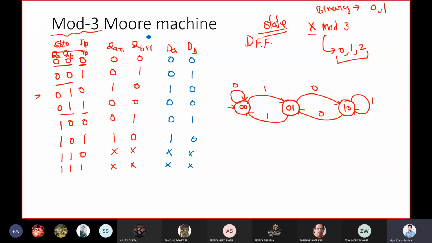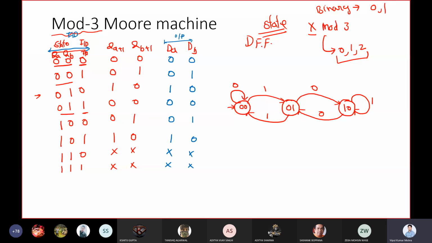Now I have this entire state table, the complete state table. Can we find the equations for DA and DB, where the inputs are the state, QA and QB, and your input as well? So this is your input and these two are the outputs.